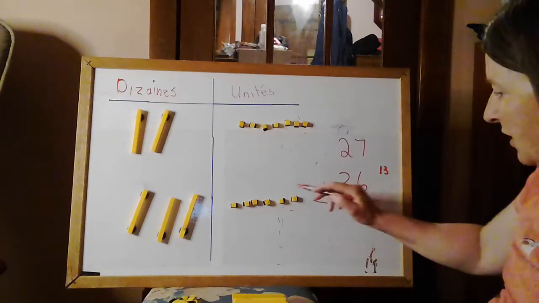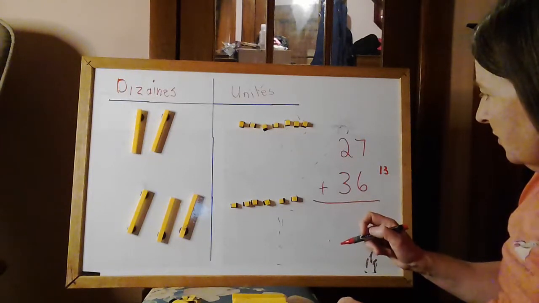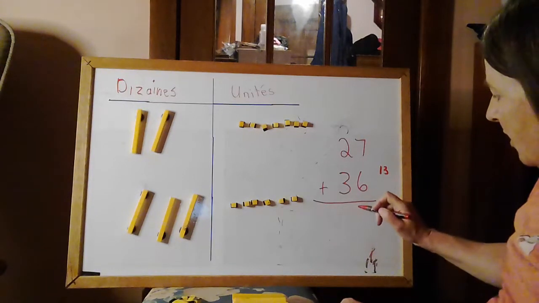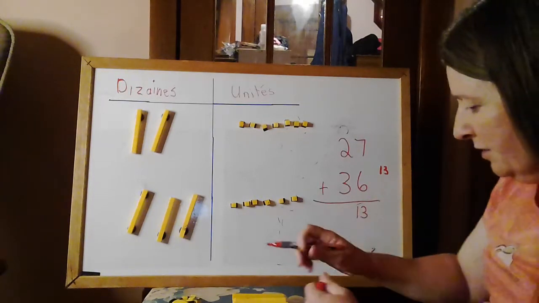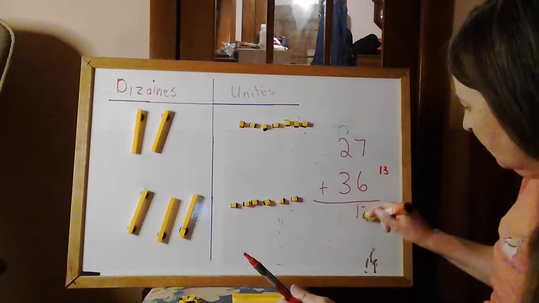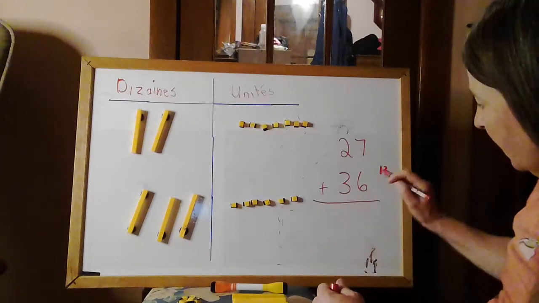And when we had 13, we knew that we had too many. We couldn't put 13 down here like this. So we knew that 13 contained a group of 10.